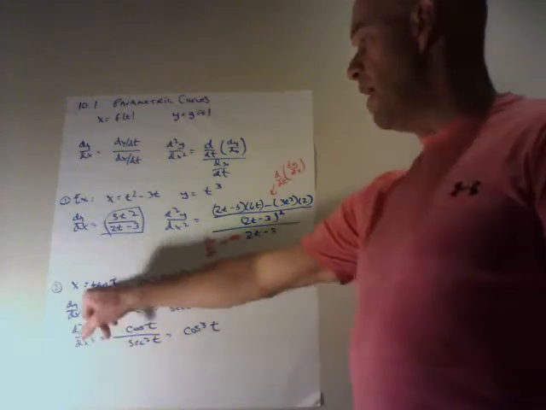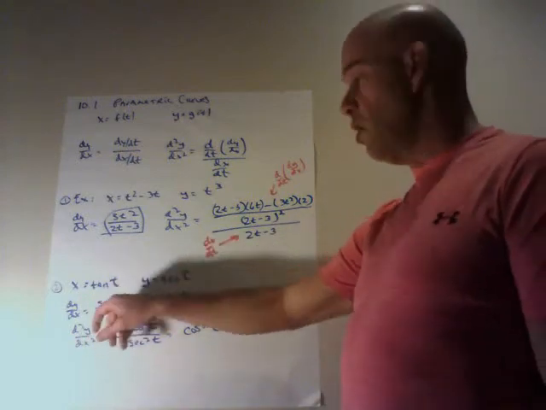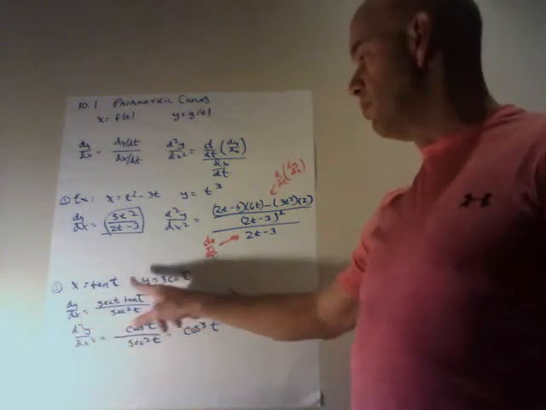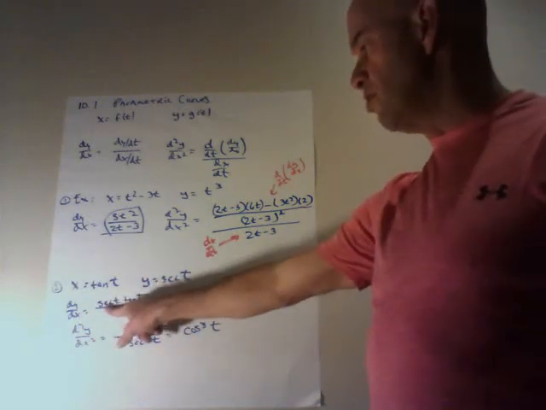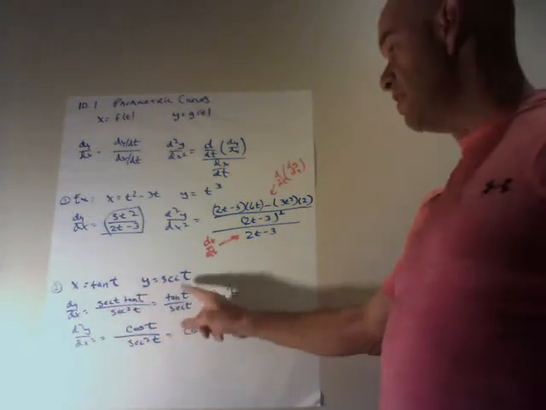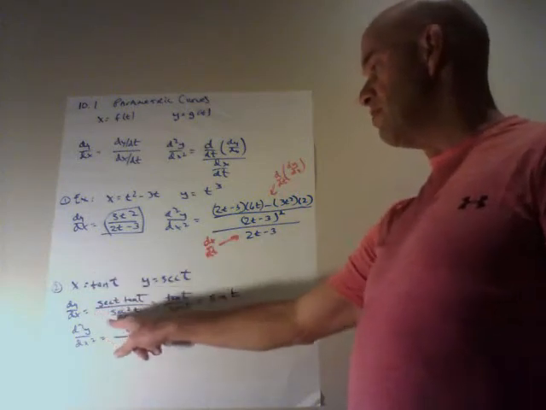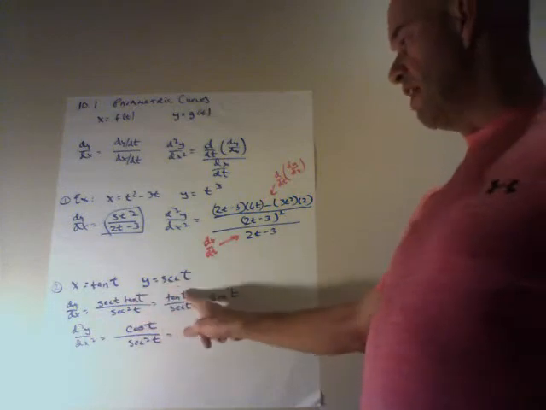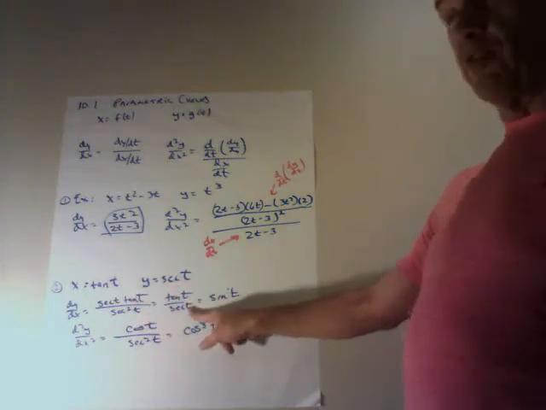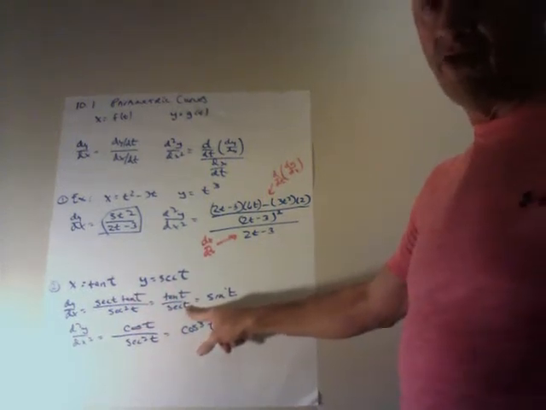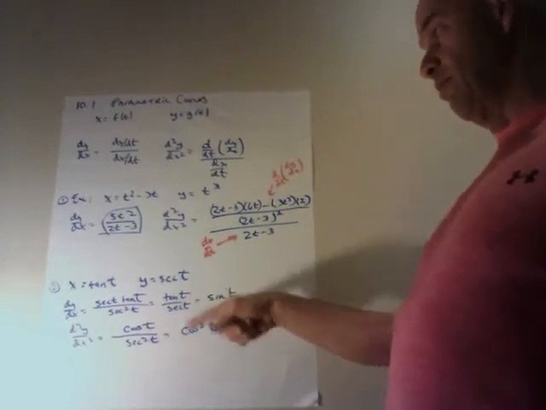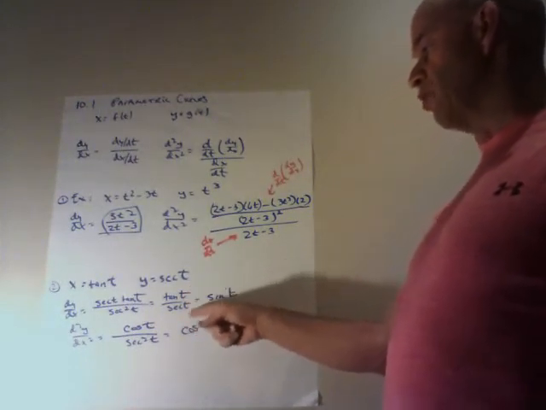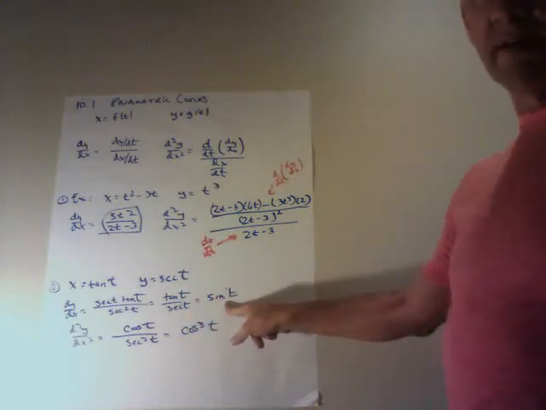trigonometric functions. x equals tangent t, y equals secant t. dy/dx would be dy/dt, which is secant t tangent t, divided by dx/dt, which is secant squared t. That reduces to tangent t over secant t, which you should and must know is equal to sine over cosine divided by 1 over cosine, which gives you sine t.